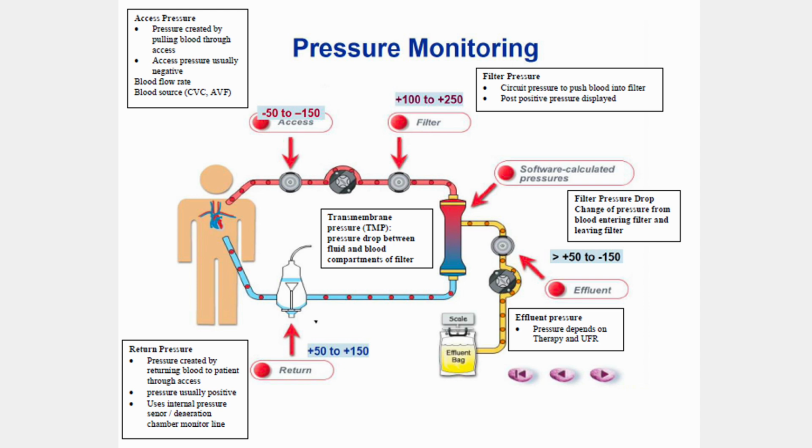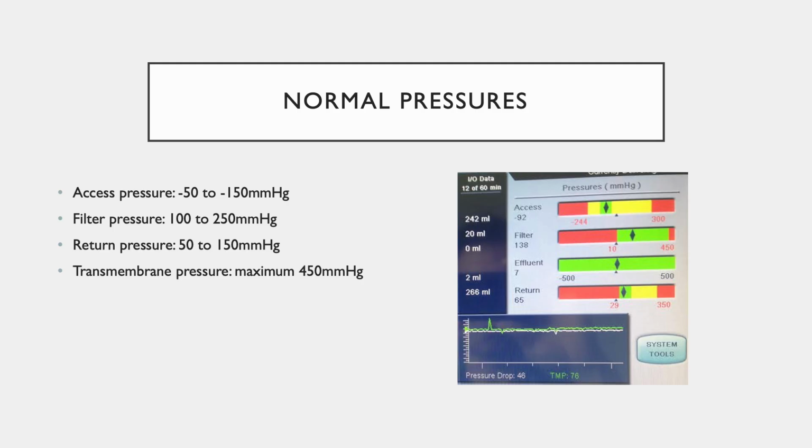As we can see, at the excess side, the pressure is negative, and subsequently, beyond the pump, the pressures downstream are actually positive. So these are basically the ranges of what are roughly normal pressures.